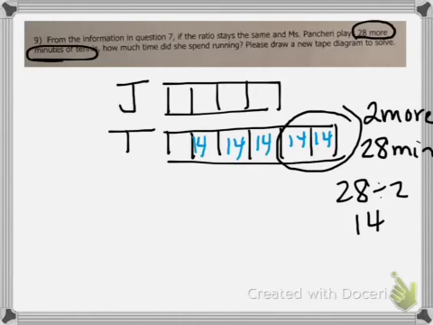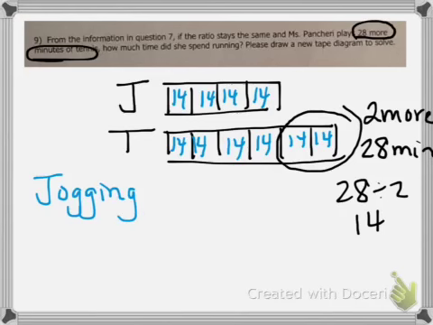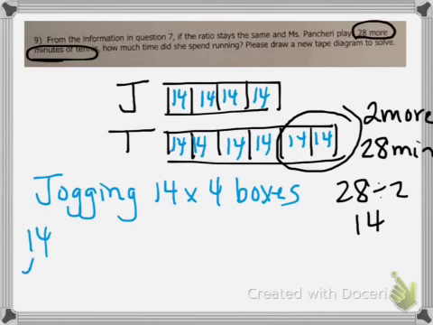And again, I'm going to fill in the 14 into each box for jogging as well. And to figure out how much time she spent jogging, we're going to multiply 14 times the 4 boxes. And that's 56 minutes.